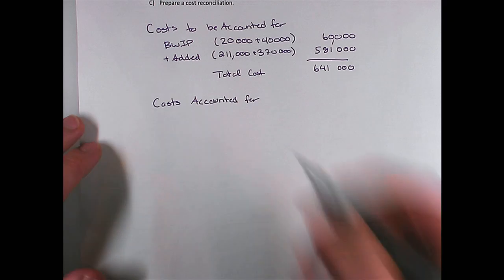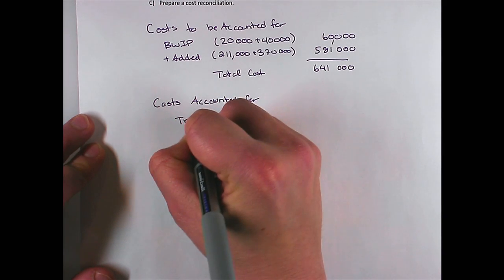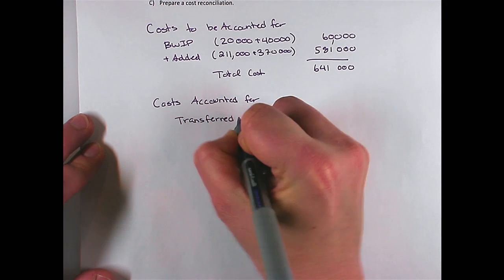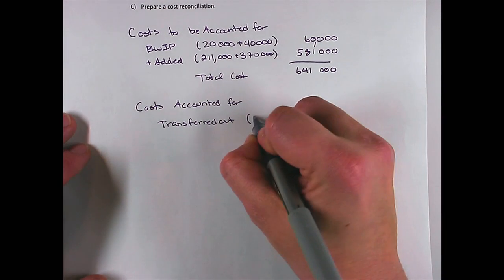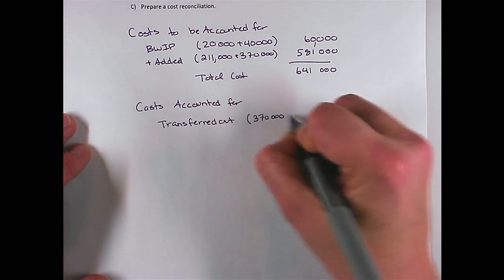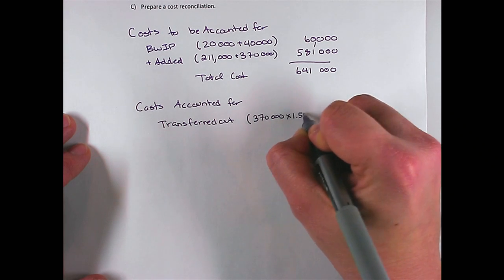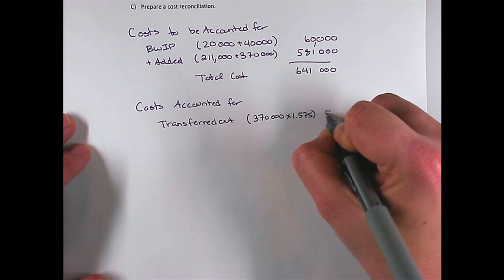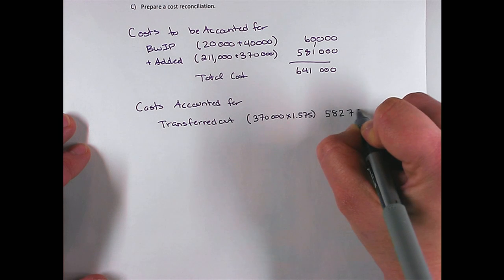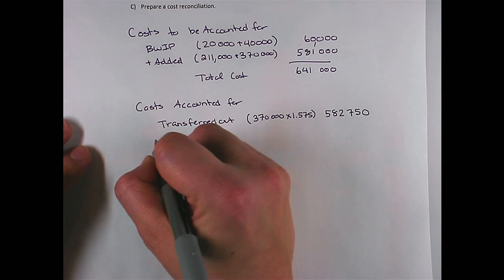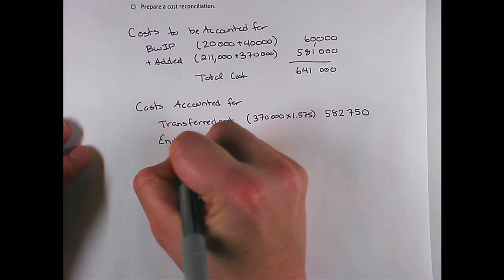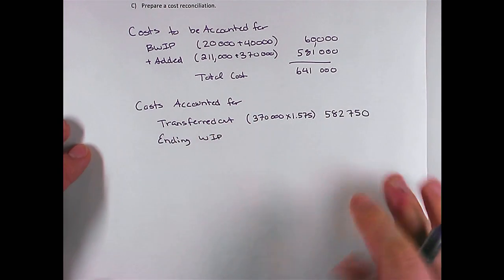So we have what we transferred out, and we already calculated this, but I'm just going to rewrite it just so we've got it. That 370,000 times 1.575 to get us that 582,750, right? That was our completed units, and how much did they cost us to give us that 582? And then we are going to add to that our ending work in progress.